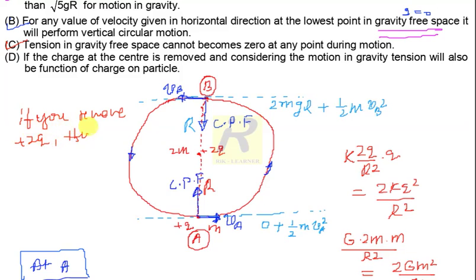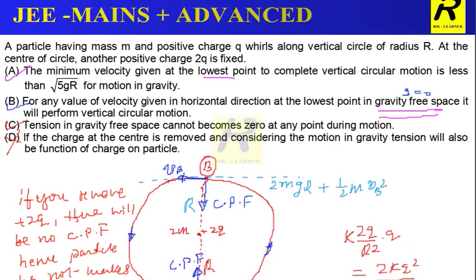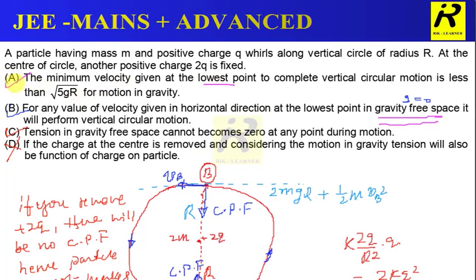There will be no centripetal force, hence particle plus q would not make a circular motion, so it fails. That means this option is wrong. So the conclusion is we got option A, option B and option C as correct choices.